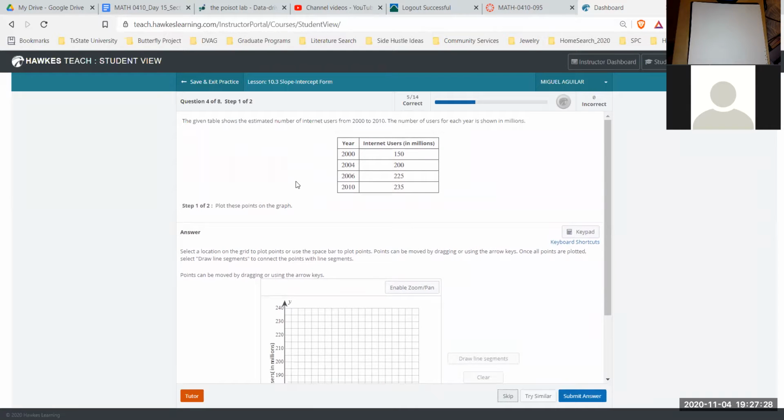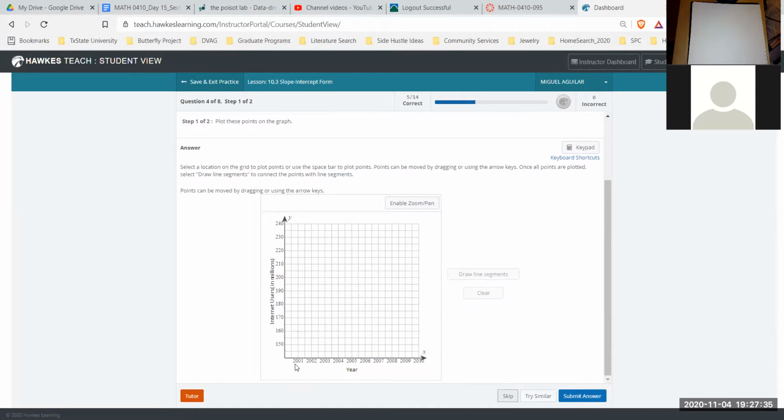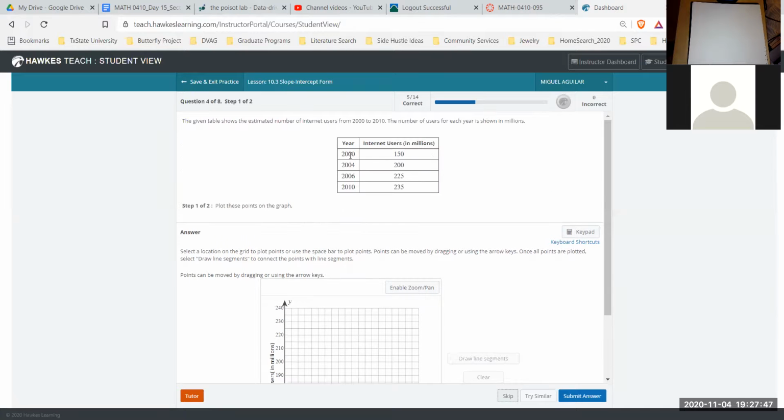So this is really plotting these points like we did in section 10.1, where we just want to look at our graph and go over to wherever 2000 is. I'm assuming that if this is 2001 and 2002 is here, that they're counting by twos. So 2000 would be this first line, and 2000 had 150 million users.